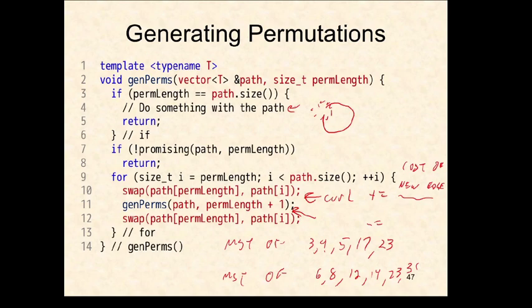Or I did the MST, but I always do the MST of 0, 1, 2, 3, 4. I don't do the MST of 3, 4, 5, 17, and 23. Easy mistake to make. You can have a perfectly working Part A and fumble the handoff when Part C calls Part A because you didn't set your table back to false infinity, or you didn't do the MST of the right vertices, you always did the first 5 or first 6 or first 7. So there's easy mistakes to make in there.